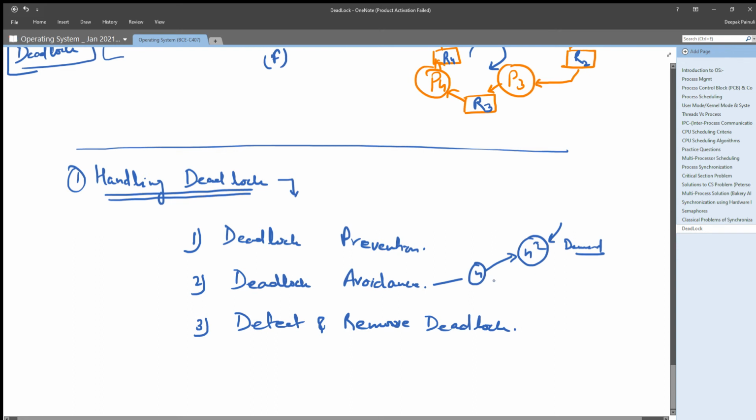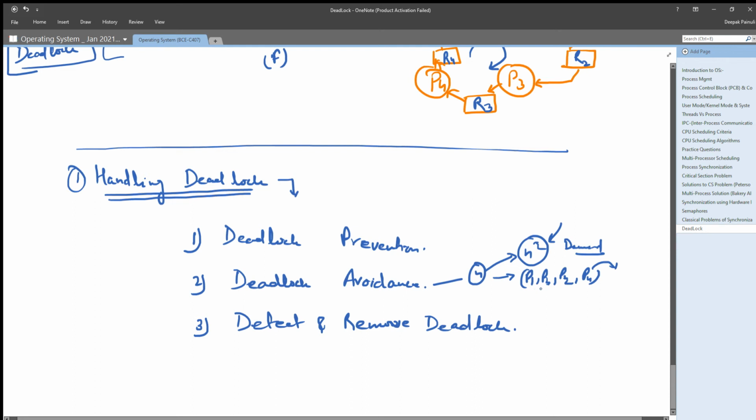avoid deadlock by creating some mechanism which will result in a sequence of processes, or list of processes, such that if we run these processes in that order, then there will be no deadlock, right?